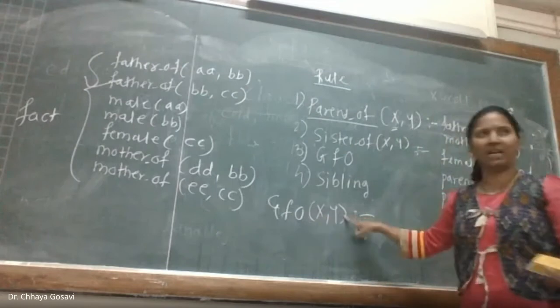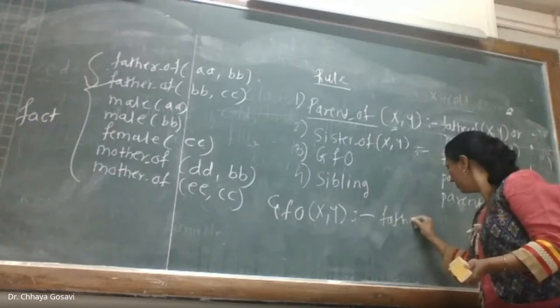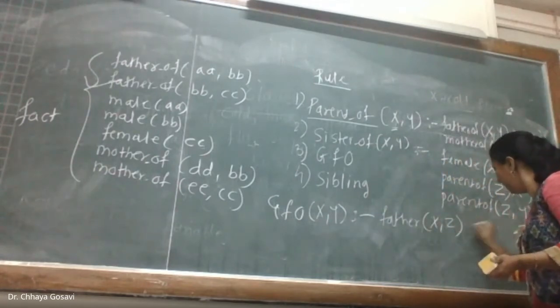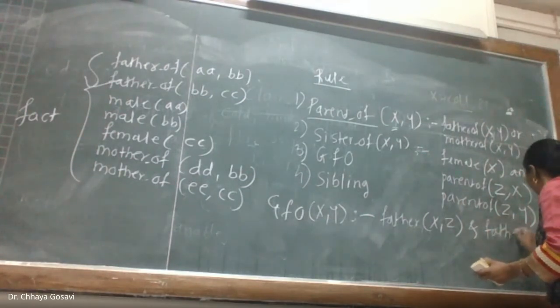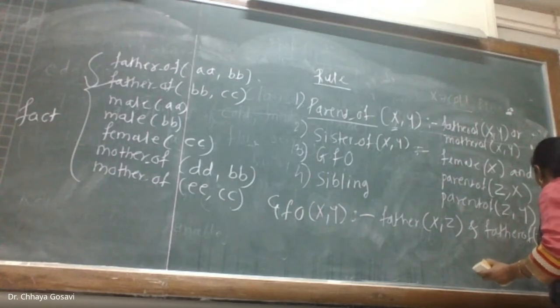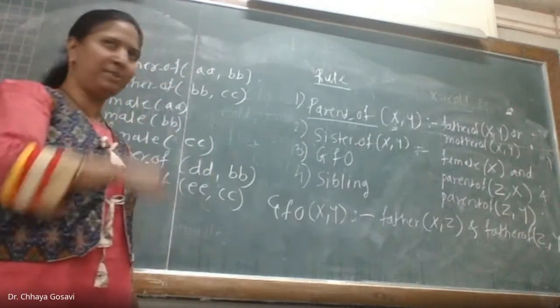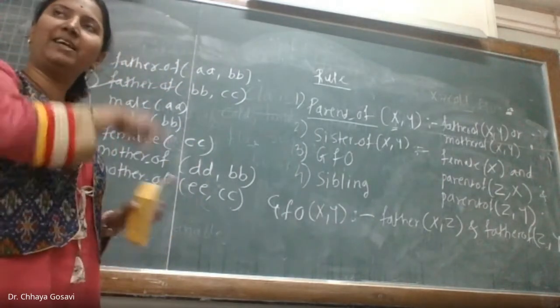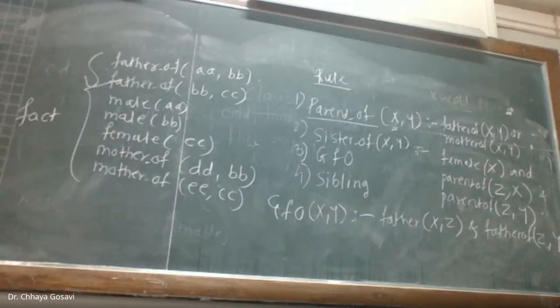We are talking about X and Y. X is grandfather of Y. So father of X comma Z and father of Z comma Y. X is father of Z and Z is father of Y. Then you can say that X is grandfather of Y. And for father of, no need to say male or female. Grandparent: if the question is grandparent, then you can say father or mother of.